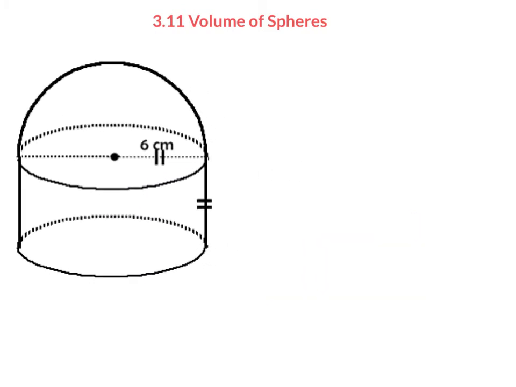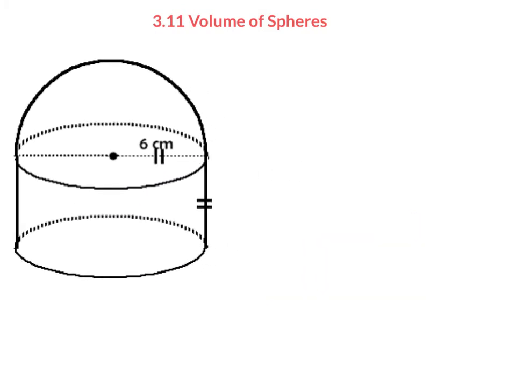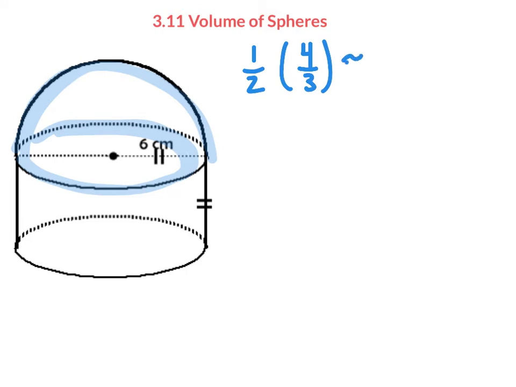Here we try to make things a little bit more interesting by making a hemisphere. Hemisphere just refers to half of a sphere. So this is like, let's say, the top half of a sphere. And to calculate that, that would be 1/2 of 4/3 pi r cubed.